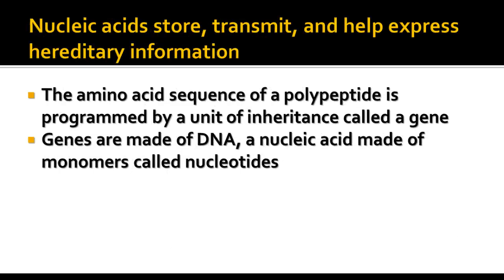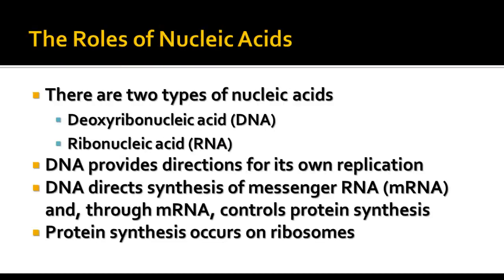Nucleic acids, the final group of biomolecules we're discussing, are of course involved in the storage, transmission, and expression of hereditary information. So you know that the amino acid sequence of a polypeptide is programmed by a gene, and the genes are made of DNA. And the message telling the gene in which order to put the amino acids is coded for by the nucleotides that are the monomers of the nucleic acids.